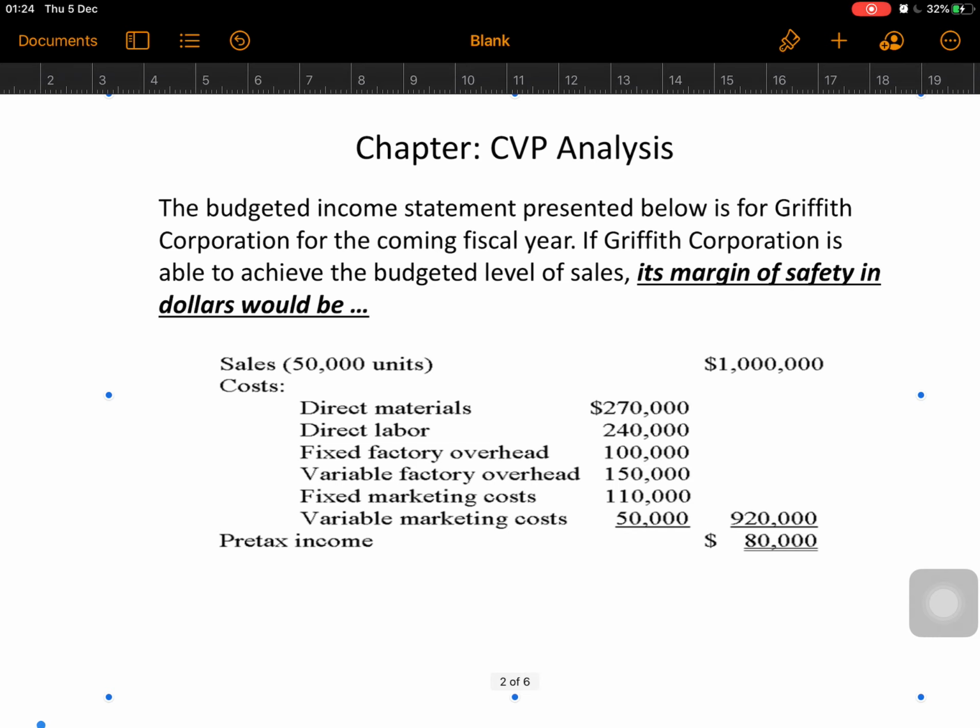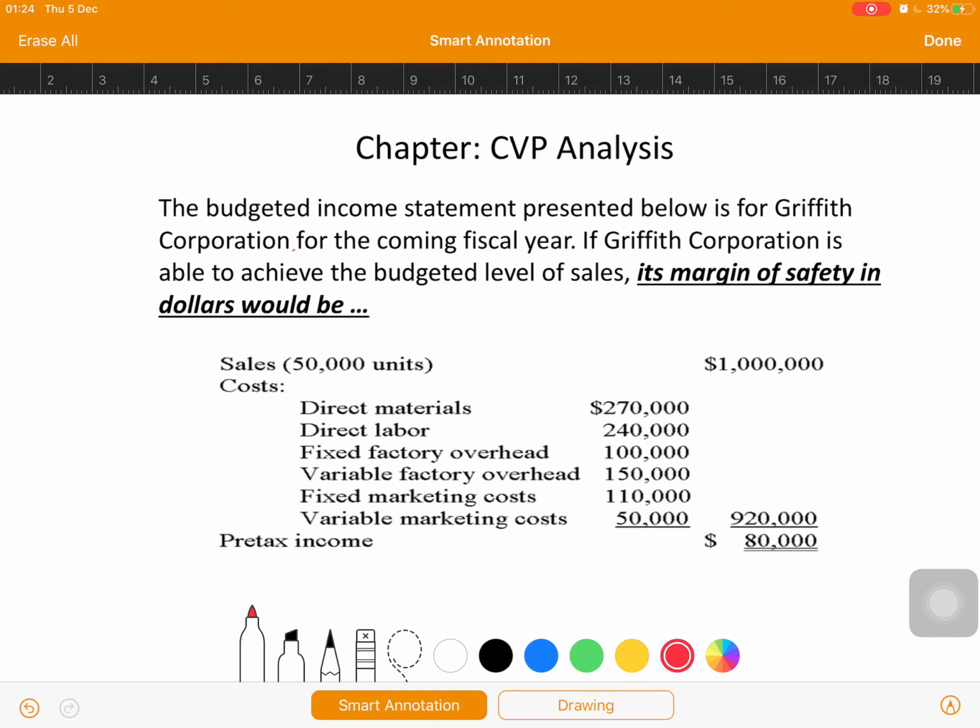The budgeted income statement presented below is for Griffith Corporation for the coming fiscal year. If Griffith Corporation is able to achieve the budgeted level of sales, its margin of safety in dollars would be... margin of safety in dollars.